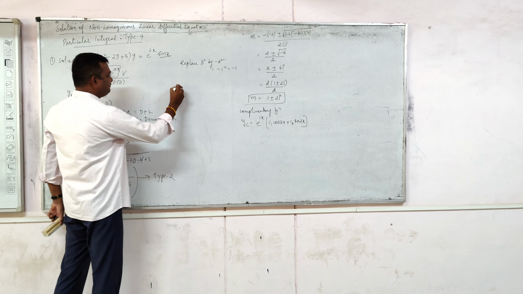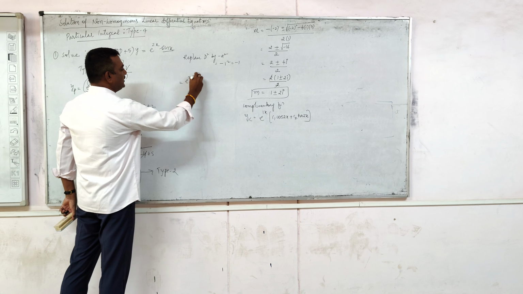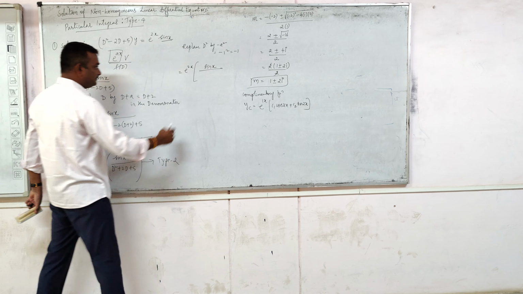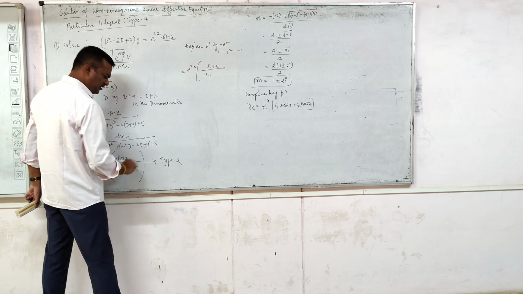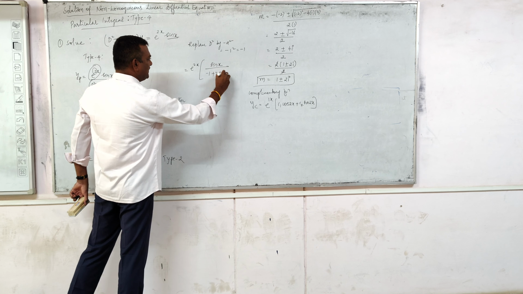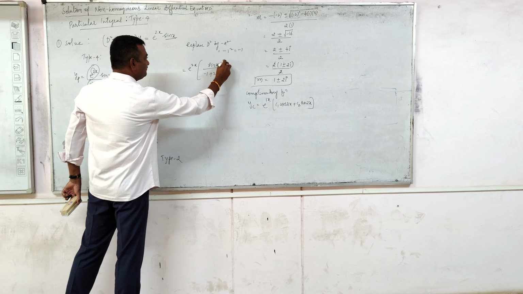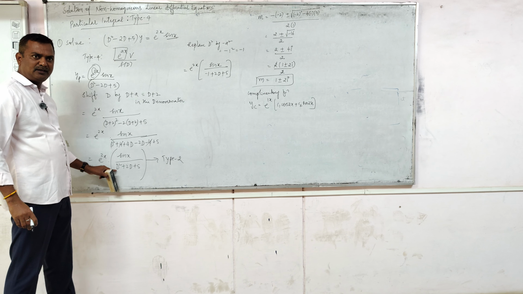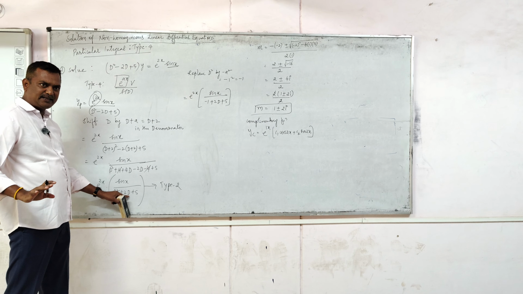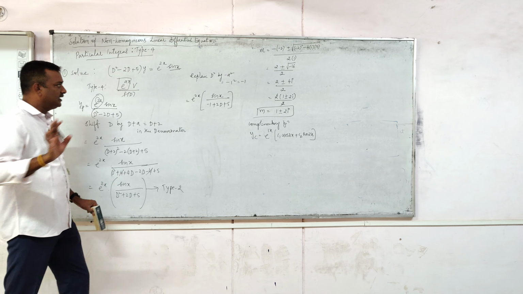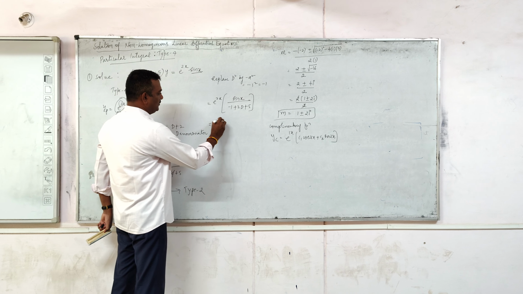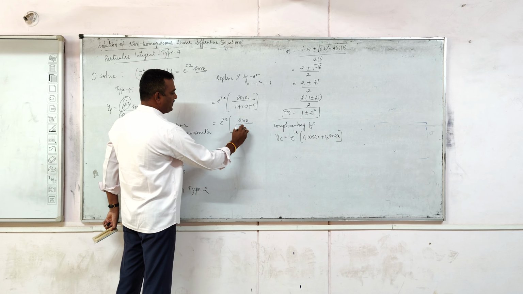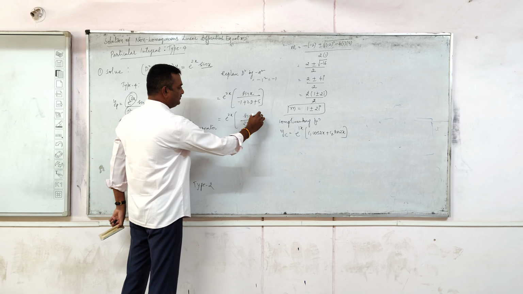So now it will become e raised to 2x into sin x divided by minus 1 plus 2d plus 5, with the 2d plus 5 as it is. Further, e raised to 2x into sin x divided by 2d plus 4.